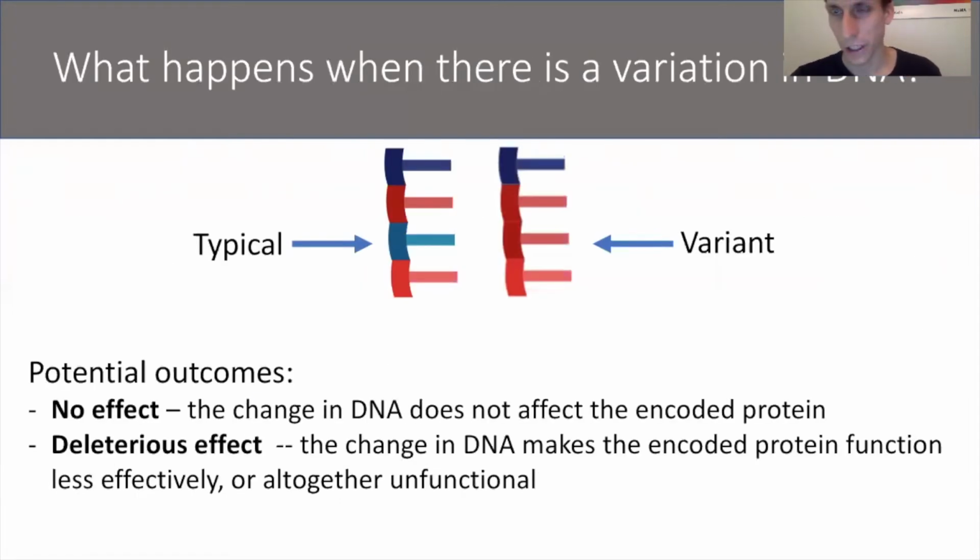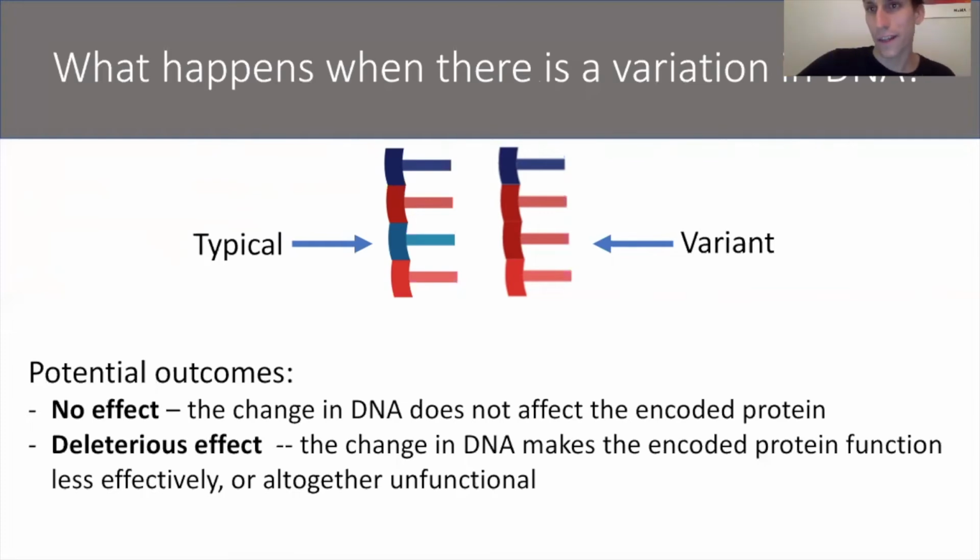So as you can imagine, sometimes there are errors in DNA or variations in DNA that we inherit from our parents. This can be a variation that our parents also have, or it can be a variation that arises in the process of duplicating either our mom's genome or our dad's genome.